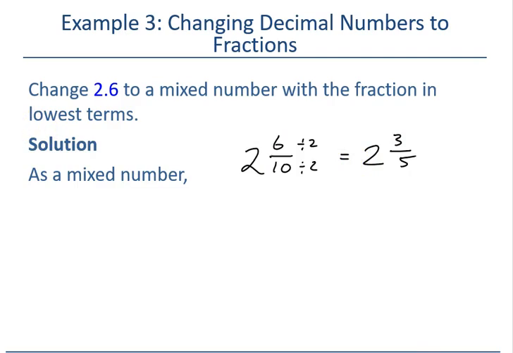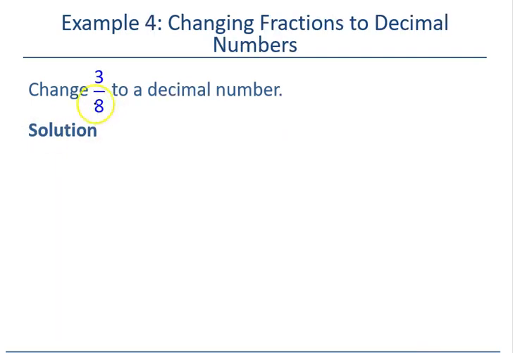Continuing on, change 3/8 to a decimal. Let's remember that this fraction bar is division, so this is the same thing as saying 3 divided by 8. But notice I can't do that, 8 will not go into 3 any amount of times.